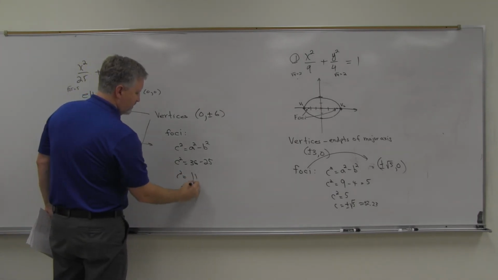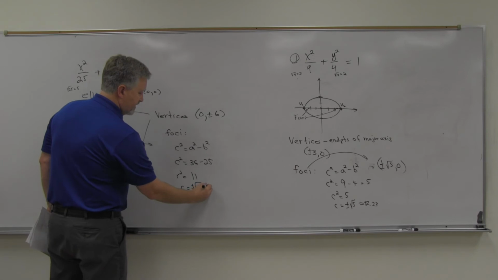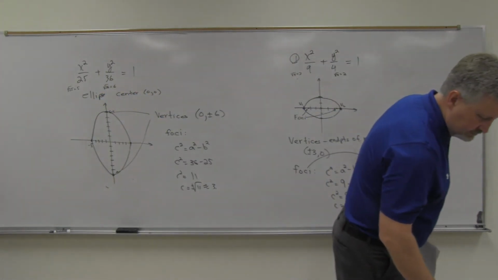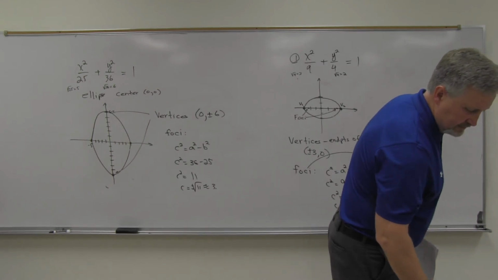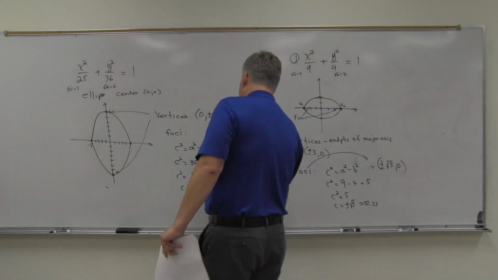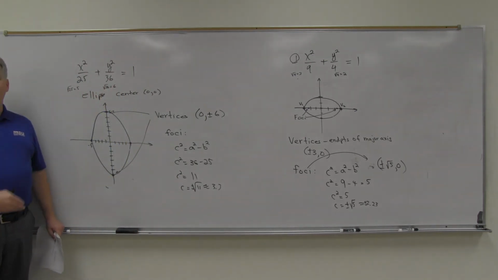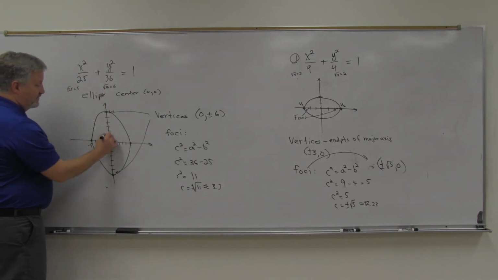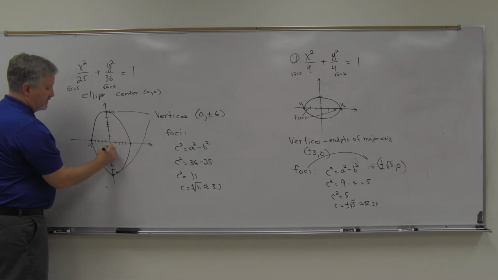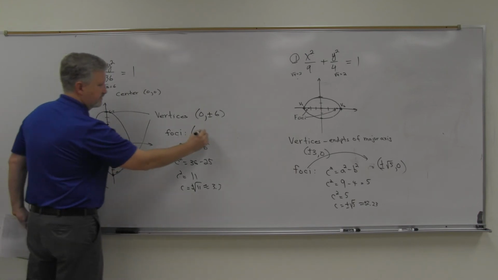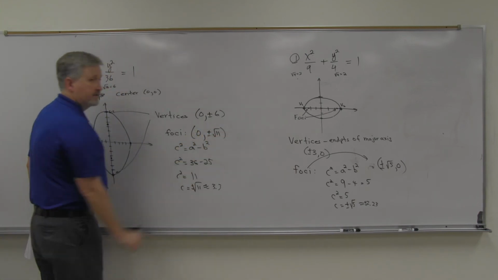So c would be plus or minus the square root of 11, which is about 3.2. Again, it's along the major axis, so it's up and down here. So 1, 2, 3, 0.2, and then 1, 2, 3, 0.2. So there's my foci. So that's 0, plus or minus square root of 11.